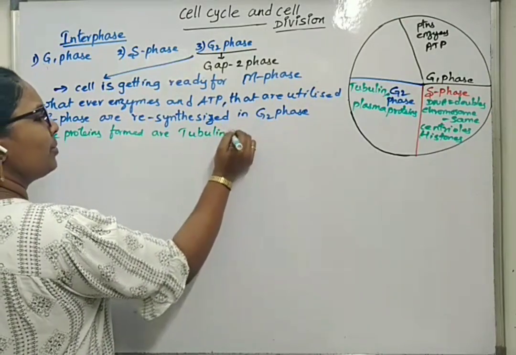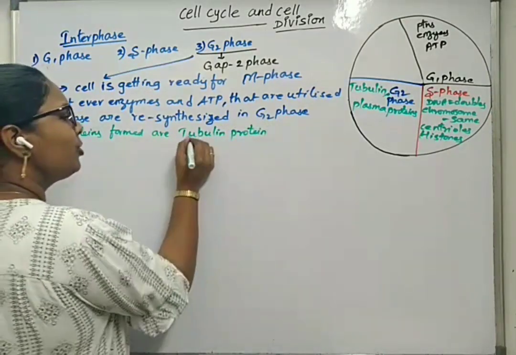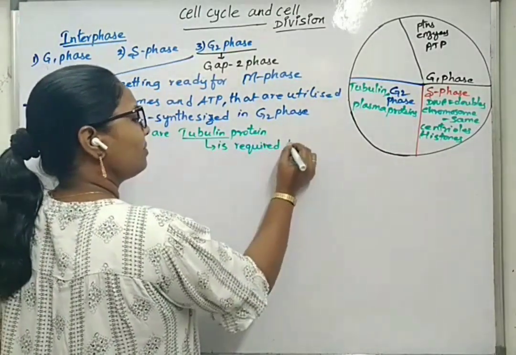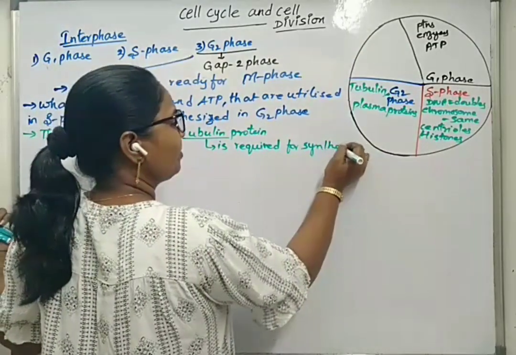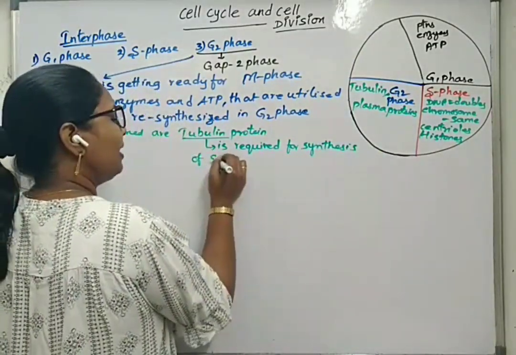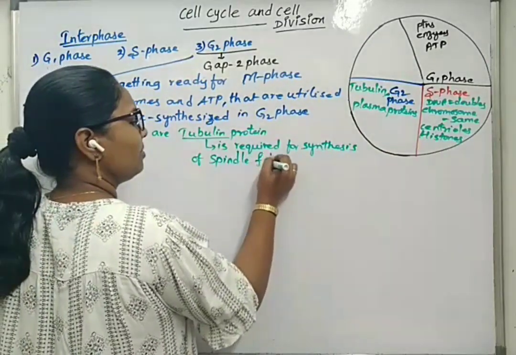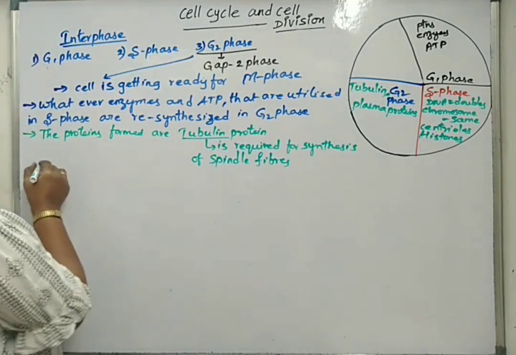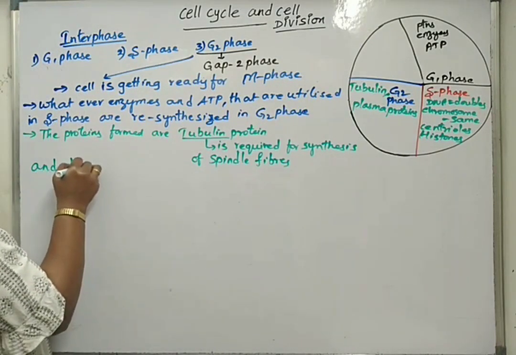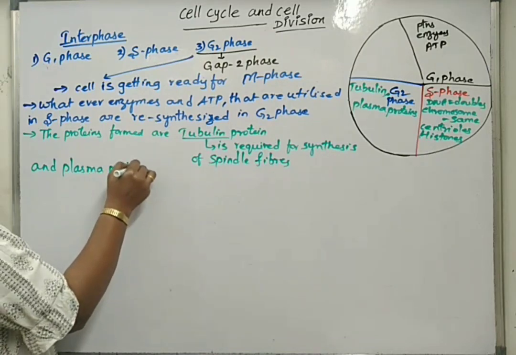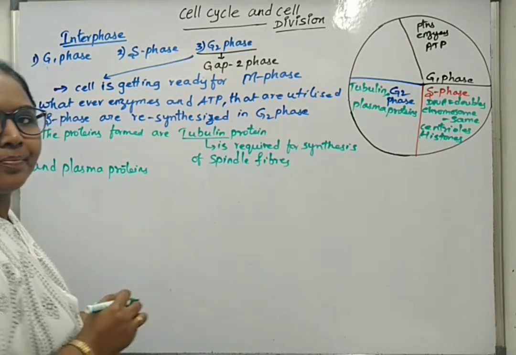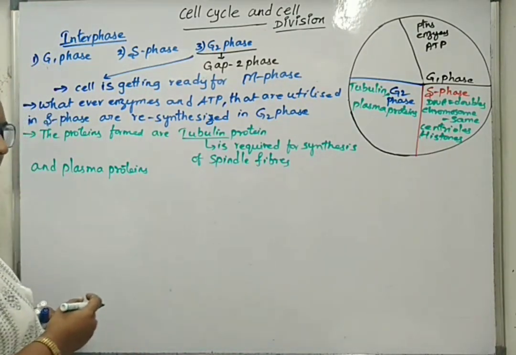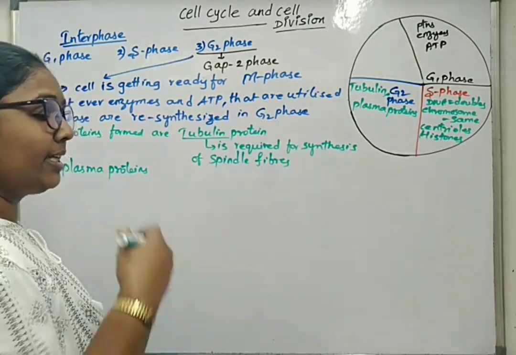Tubulin protein is required for synthesis of spindle fibers that separate chromosomes during anaphase stage, and plasma proteins work as carriers or transporters during the transportation of gases or any of the molecules from outside the cell to inside or inside the cell to outside.